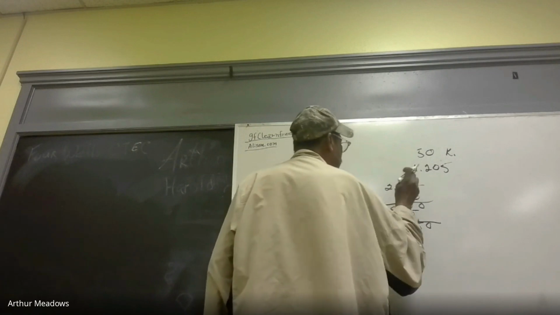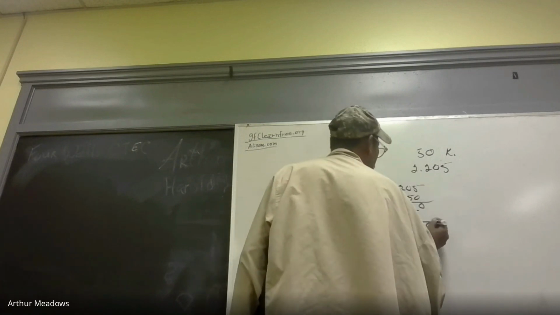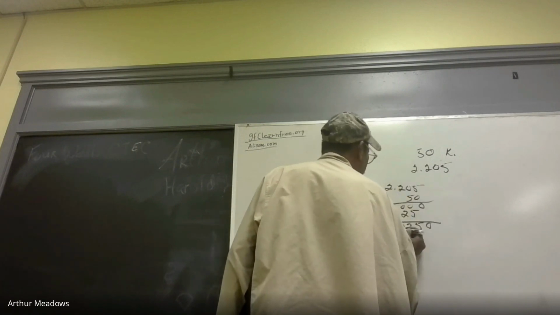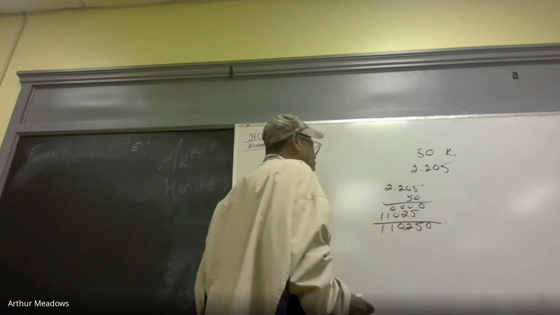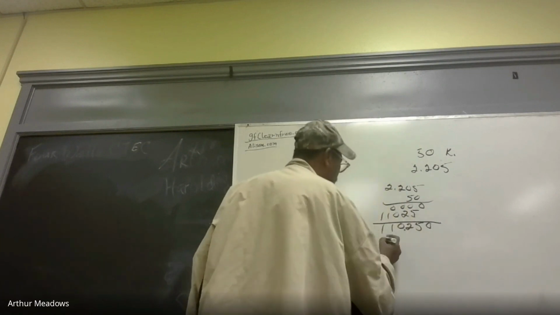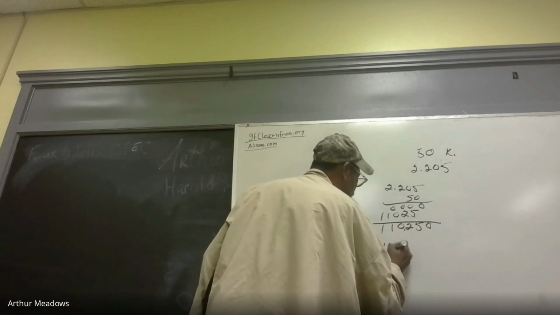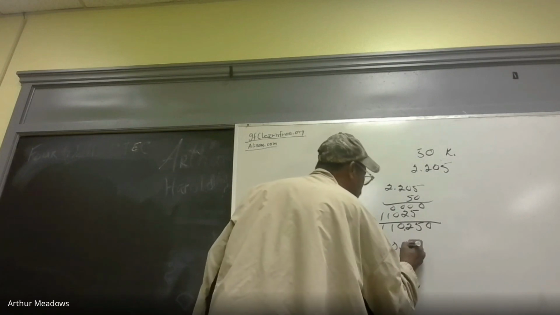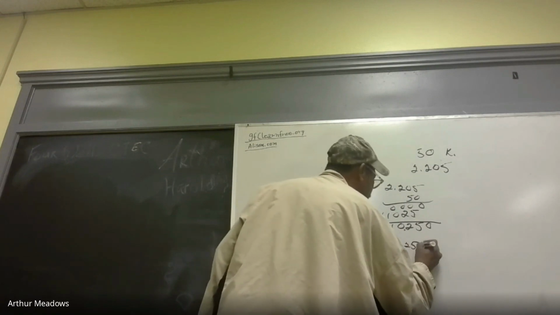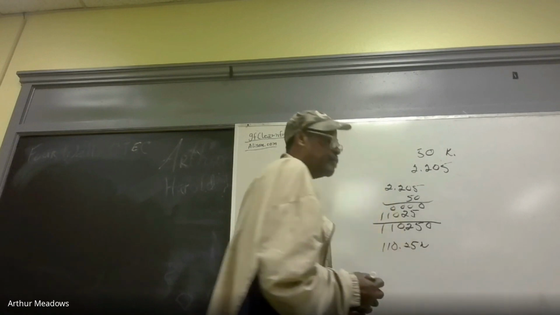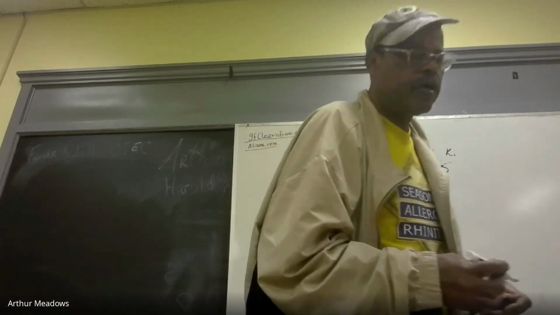We got 1, 2, 3 spots, right? 110.25, hundredths.